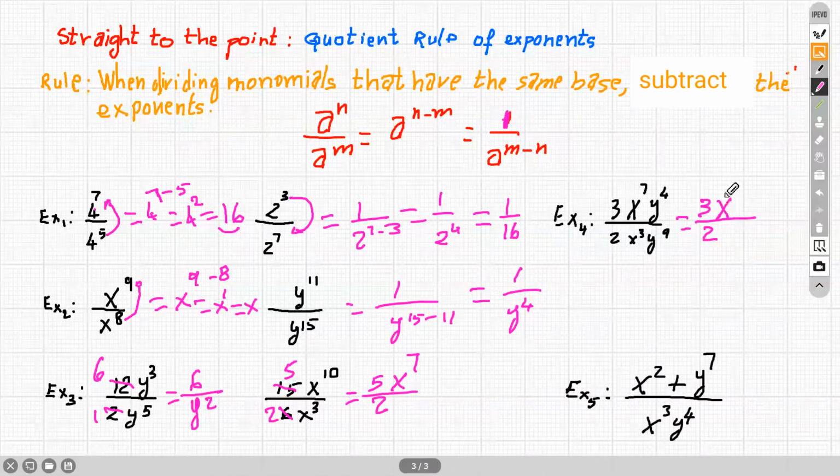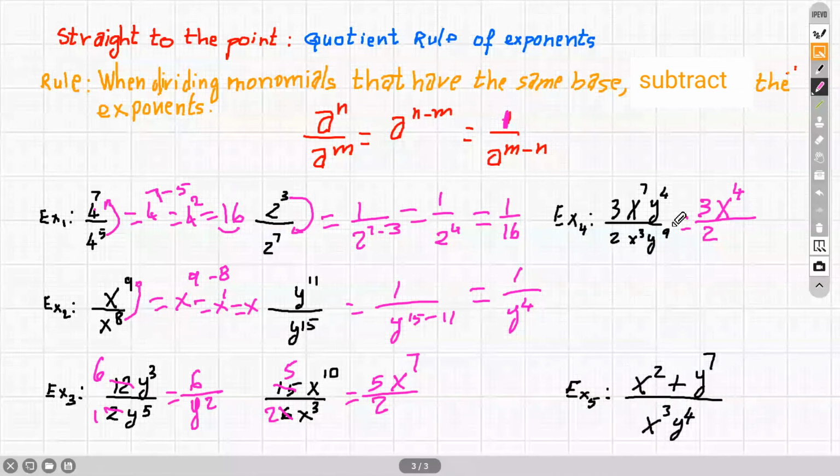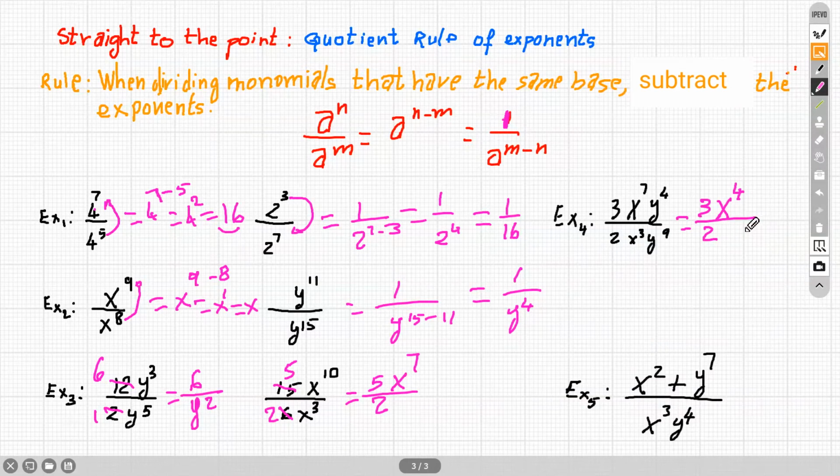So 7 minus 3, that's 4. Now I move to the y. When I compare the exponents, for me to get a positive exponent, I have to move the 4 in the denominator. So I'm going to be subtracting 9 minus 4, and that will give me 5. And then I'm done.